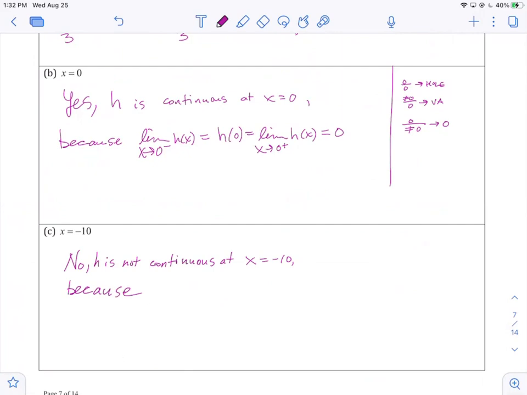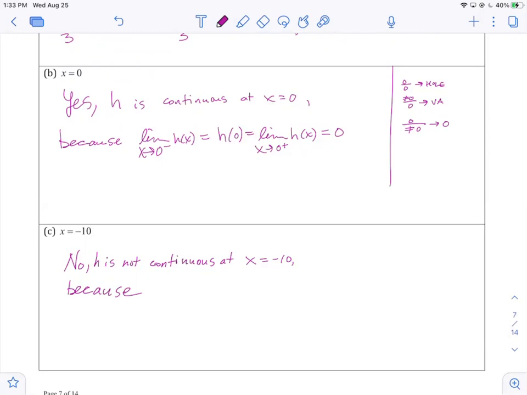None of them are going to exist. Now, you have to be careful if you say that the limit from the left is positive infinity or negative infinity. You have to know which one it is, and that would require a little bit of analysis. You could say D and E, because here's the deal. A limit can fail to exist for a whole bunch of different reasons. D and E becomes kind of a catch-all.